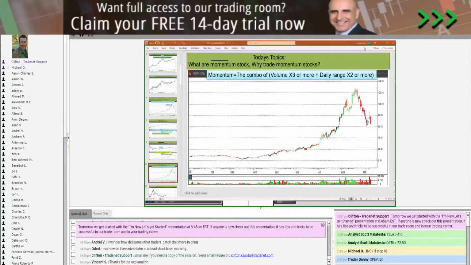All right. So again, going back to OSTK, you can see that every stock goes through various phases. For example, January, February, March, April, until mid-May. What happens in OSTK for 5 months at the beginning of the year?